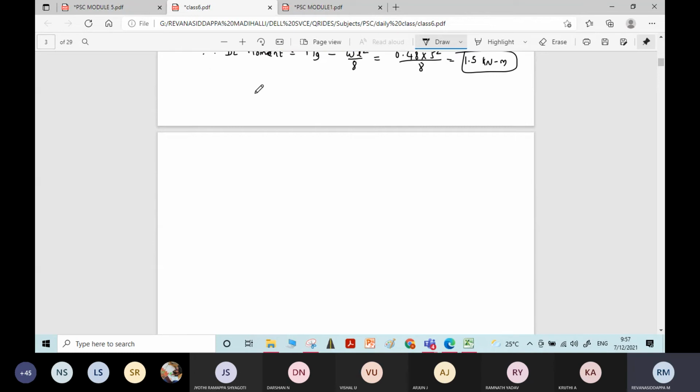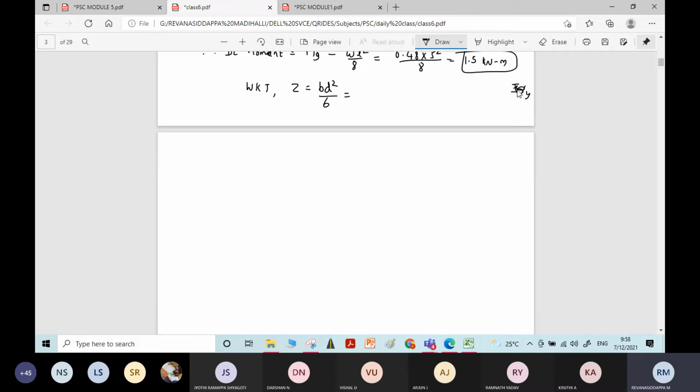Now you are supposed to calculate Z, the section modulus. To calculate section modulus, you need the moment of inertia. Or else you can directly use the formula for rectangle, Z equal to b d square by 6. You can use either I by y formula, where I equals b d cube by 12 and y equals d by 2. B d cube by 12 divided by d by 2, if you simplify, you will get b d square by 6.